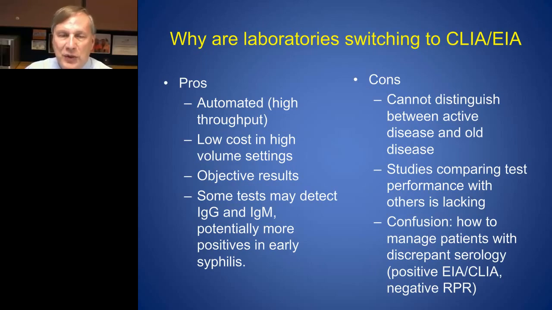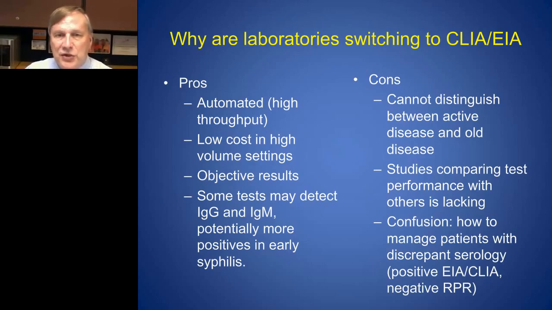Results are objective, read with an instrument, and some of the tests may detect IgG and IgM and potentially more positives in early syphilis, depending on their conjugates. Also, some of the manufacturers are working on, and probably will have, some specific IgM tests available, which might be very useful to differentiate some of the primary cases of syphilis from a past infection.